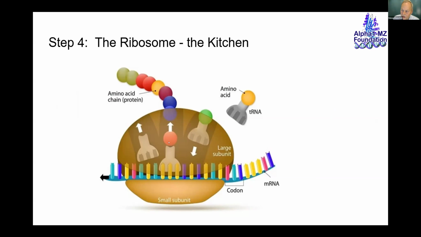Then the amino acid is released and added to the previous amino acids, forming a chain of amino acids, and together they form the protein. Sometimes, as in the recipe where the salt replaces the sugar, there's a wrong amino acid. Maybe it's this yellow one, and that causes a lot of problems.